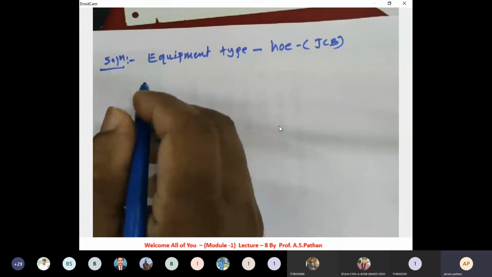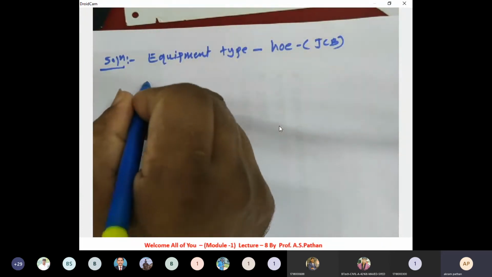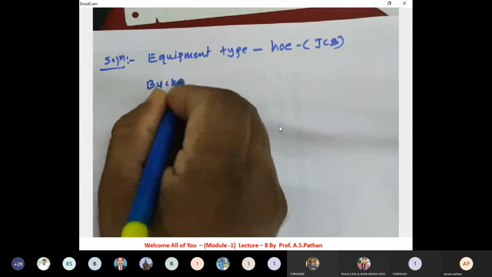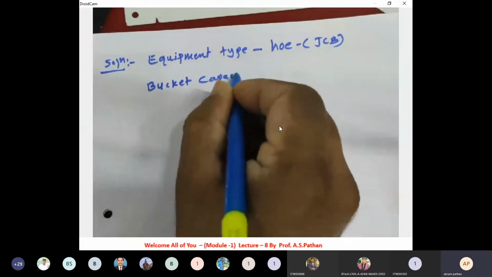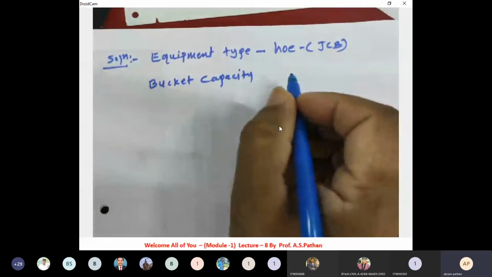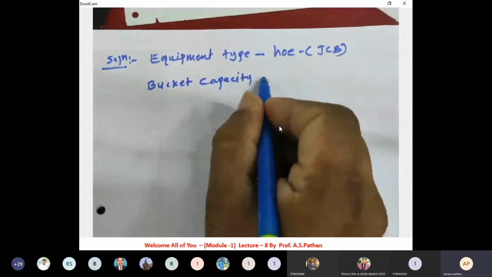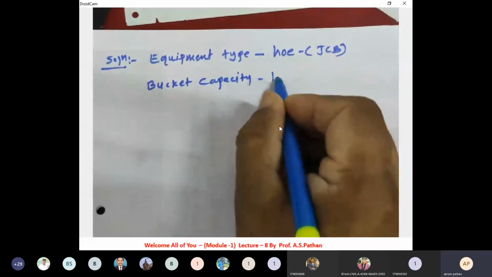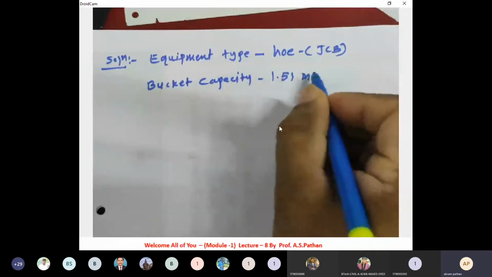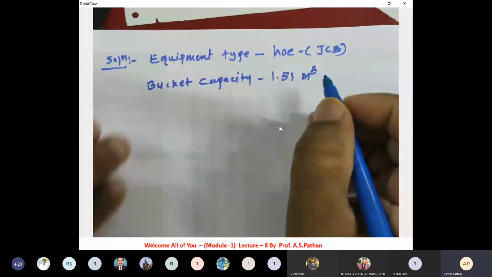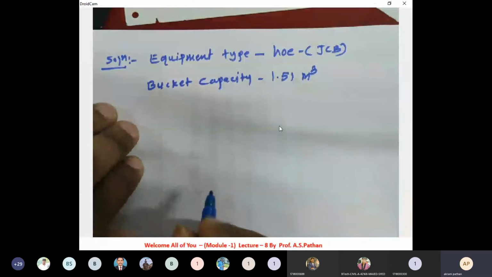Another thing given is the bucket capacity. Now this problem is for 8 marks. The bucket capacity is given as 1.51 meter cube.